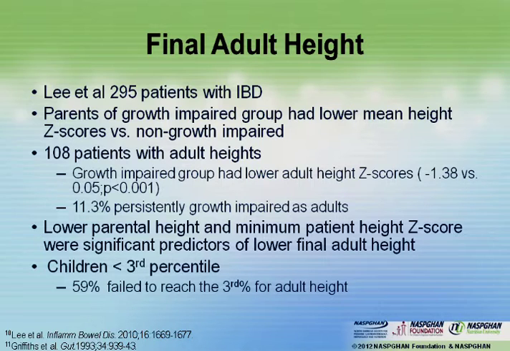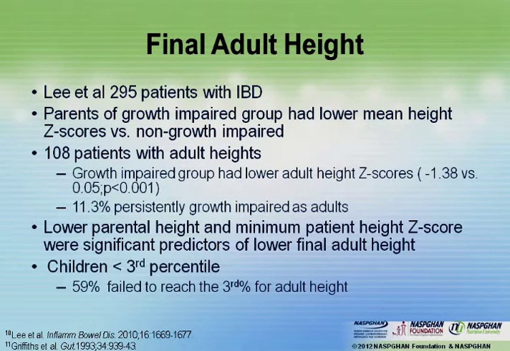Of the 108 patients in which they had final heights, the growth impaired group had lower adult Z-scores as those patients who were not growth impaired to begin with. And about 11% were persistently growth impaired as adults. So lower parental height and minimum patient height Z-score were significant predictors of lower final adult height.